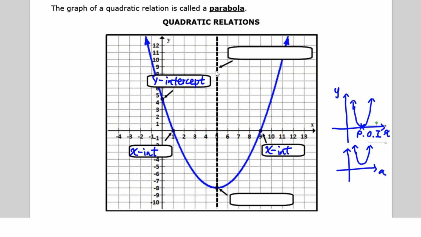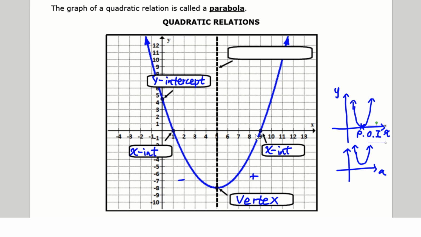And for the parabola, we have two special terms. One is the turning point, we call it the vertex. Before the turning point the graph is decreasing, then from here it is increasing. So the slope is negative, it is decreasing, and the slope is positive, it is increasing.